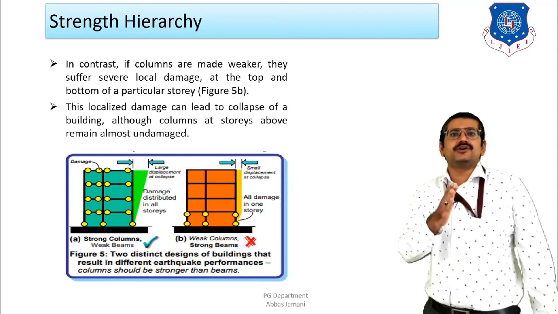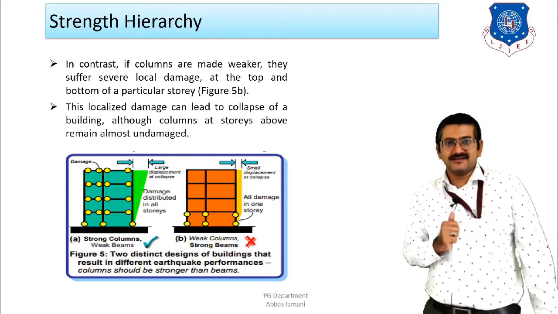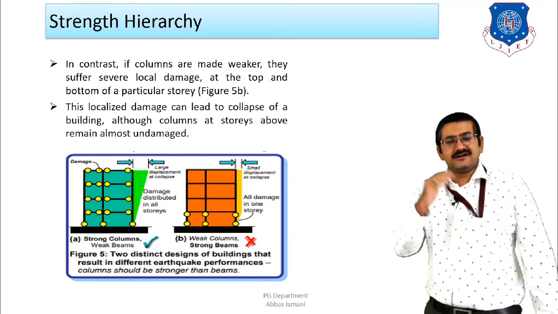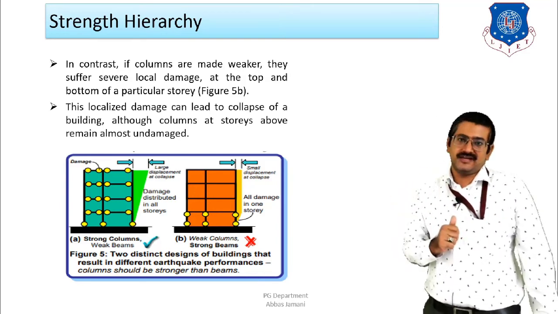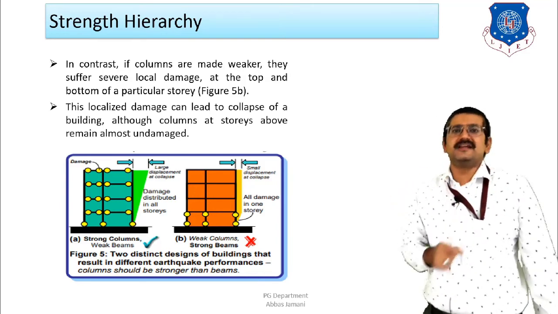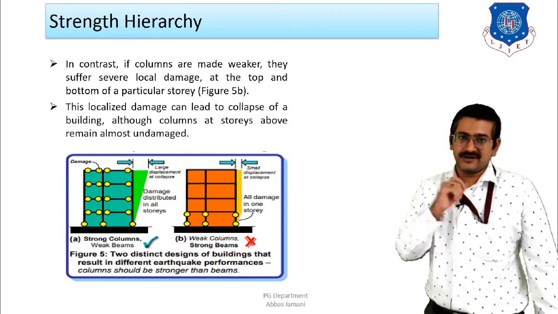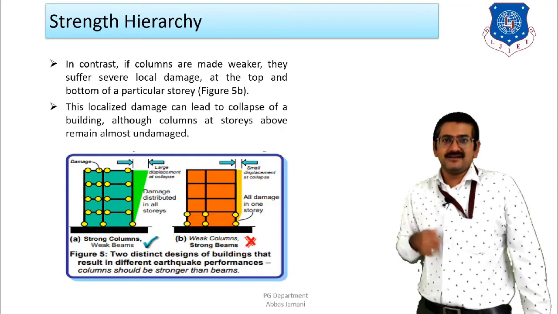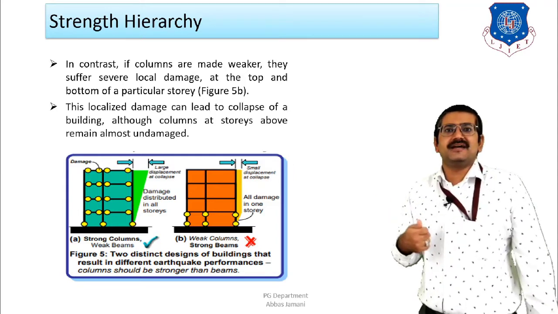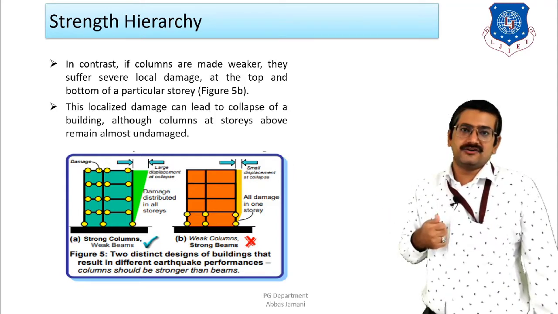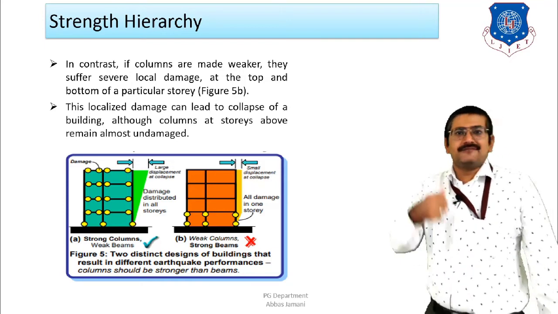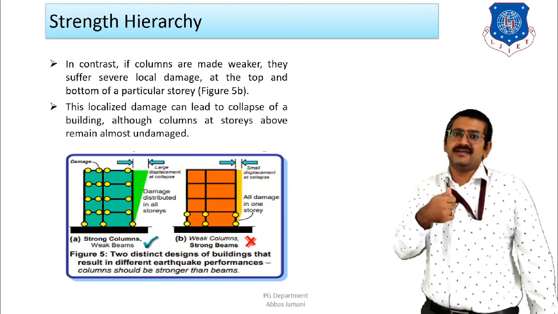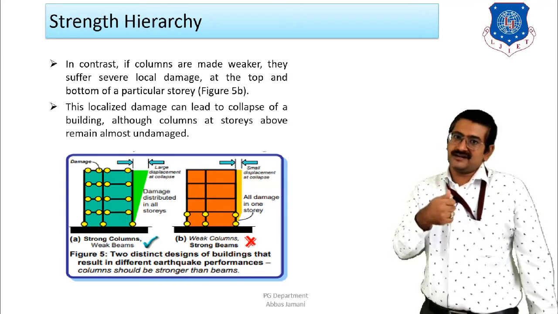So if you have the strong column weak beam theory, then large deformations are going to be possible, and structural and non-structural damage is also likely, but total collapse of the building is not possible, or it can be avoided. But if the weak column strong beam theory is applied, then total collapse of the building is likely to be possible. And if total collapse of the building happens, then it is against the design philosophy suggested by IS 1893.